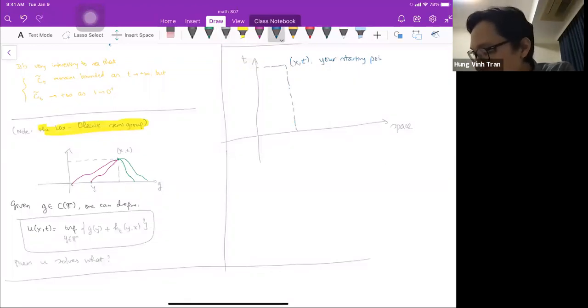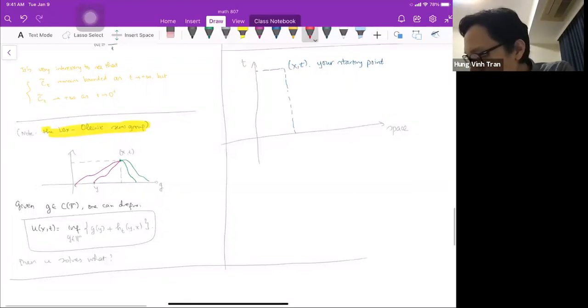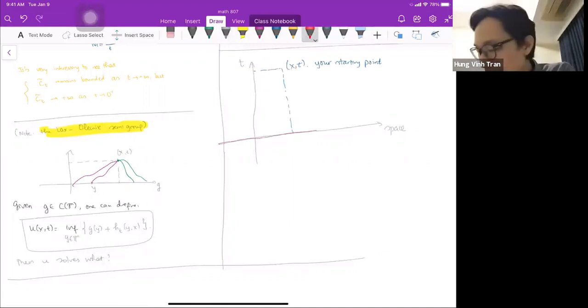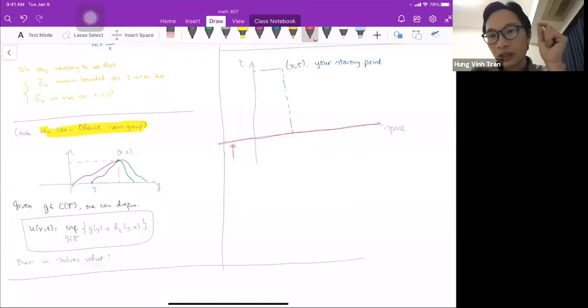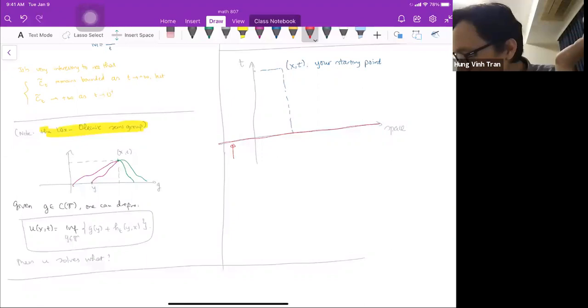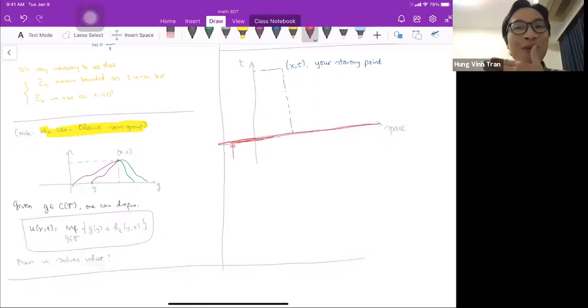And you want to go backward in time to the target. You can imagine that you are on a boat, standing offshore somewhere, and from that point you want to go somewhere to the land. You would like to go backward in time to reach the destination, which is any point at time zero.